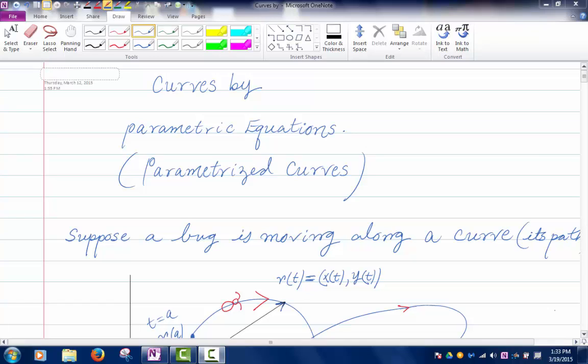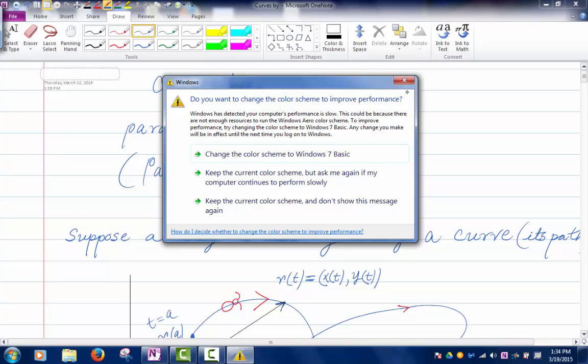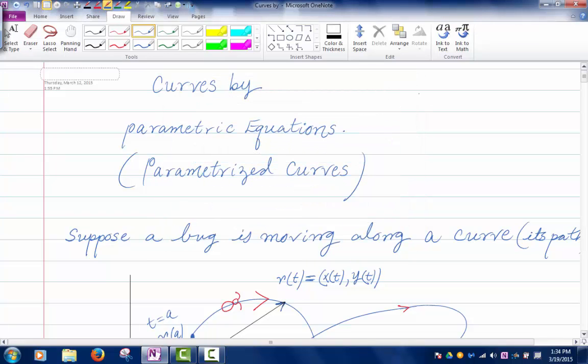Now, so far in calculus, when we talked about curves, we usually meant graphs of functions, real valued functions of one variable. So you look at functions like y is equal to f of x, and then the graph of such a function.